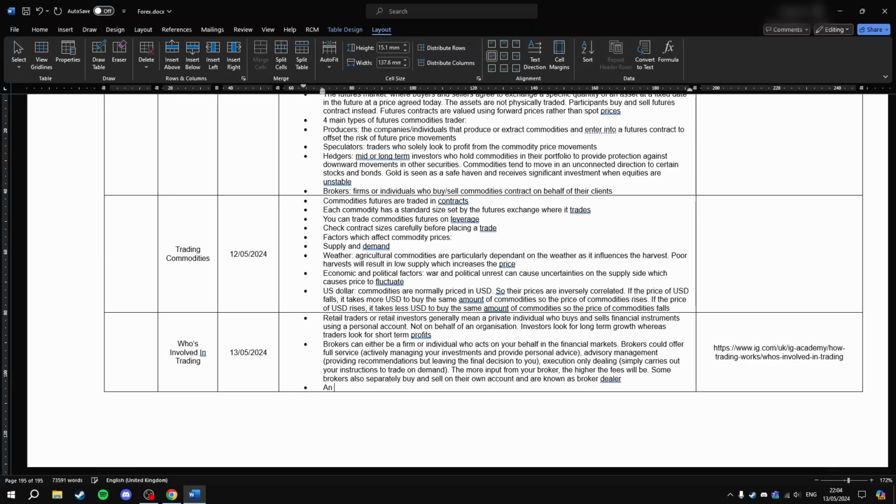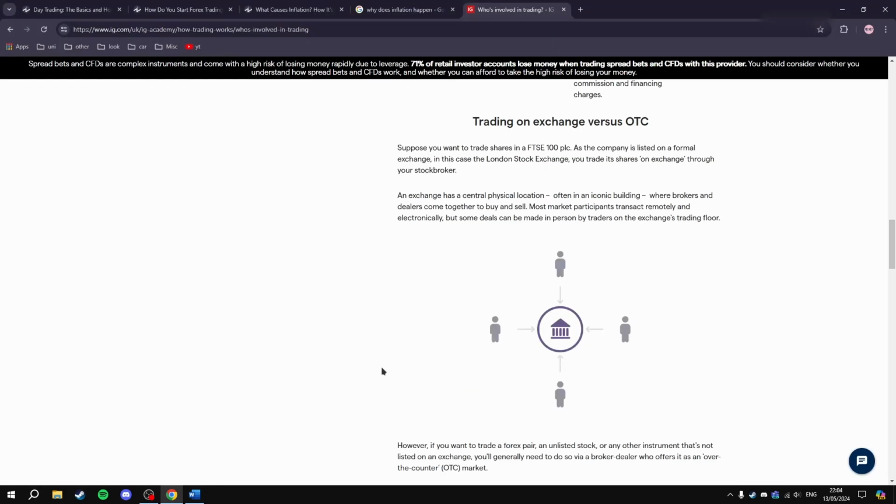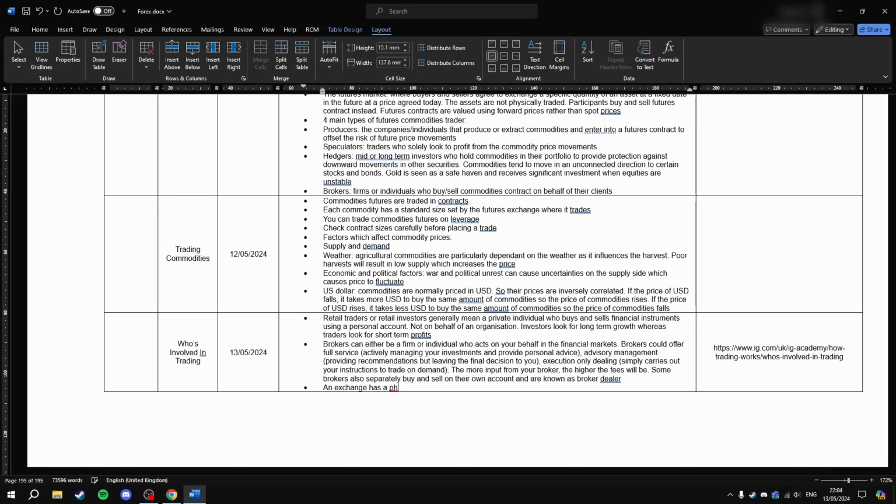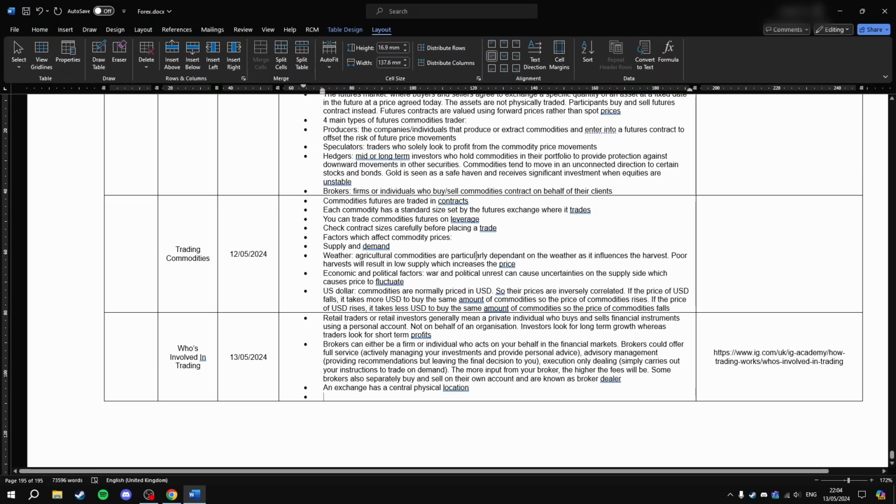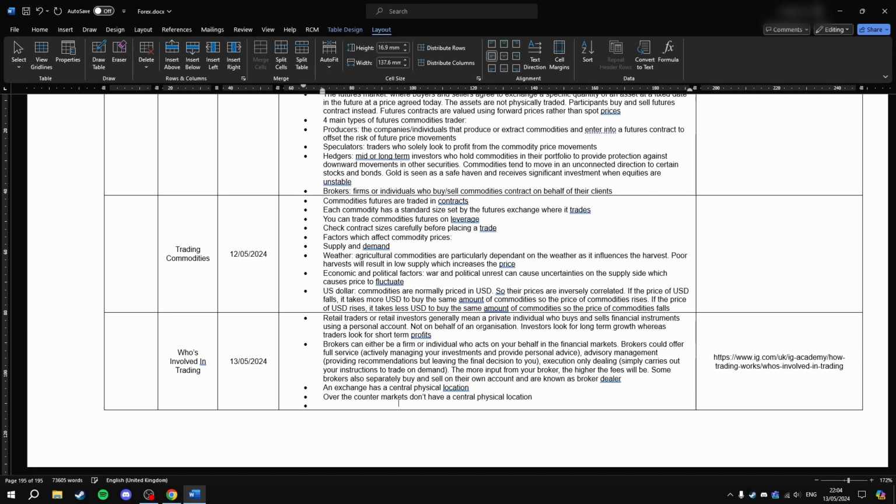So an exchange has a central physical location. Over-the-counter markets don't have a central physical location.